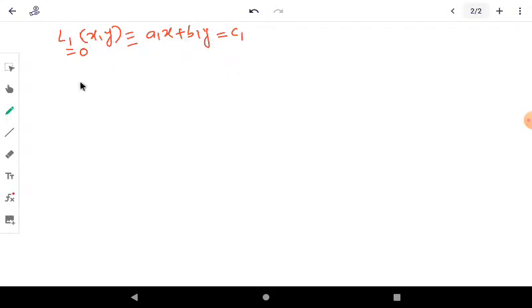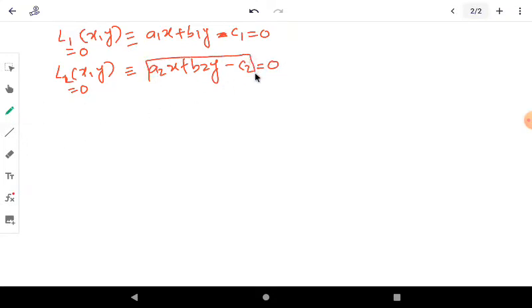Similarly we can define line L2(x, y) equals 0 means a2x plus b2y equals c2. So we can write the L1 expression as a1x plus b1y minus c1 equals 0, and minus c2 equals 0 for L2. We will keep that in mind.